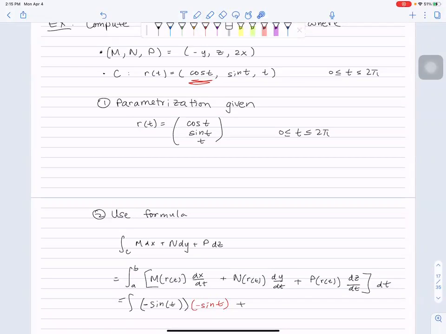Plus n, which is our second value, or z. We plug in our parameterization, so z was t. And then we take the derivative of y. The derivative of sine t is cosine t.